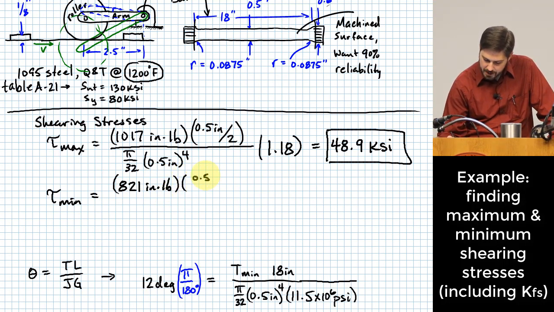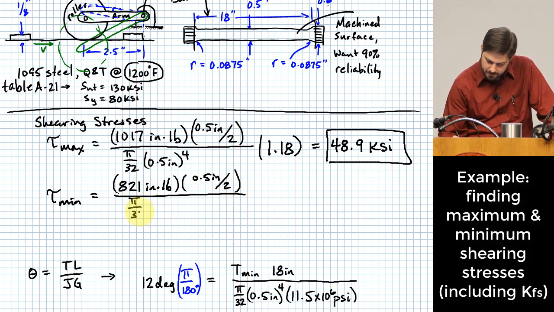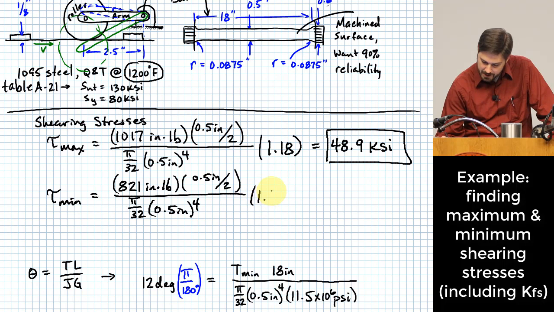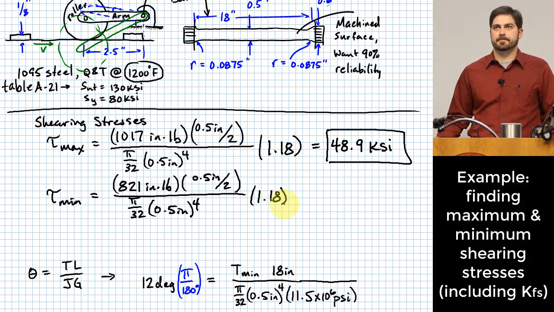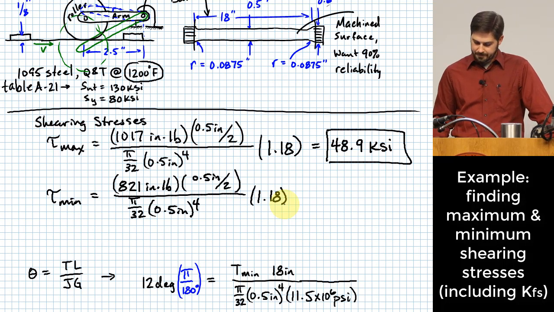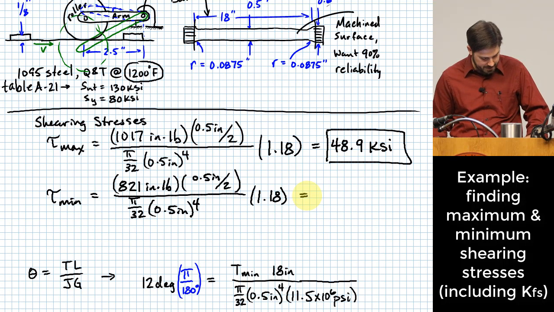We have the same radius, pi over 32 times the diameter to the fourth, and the same fatigue stress concentration factor. When we plug all of those in, I get 39.5 KSI.